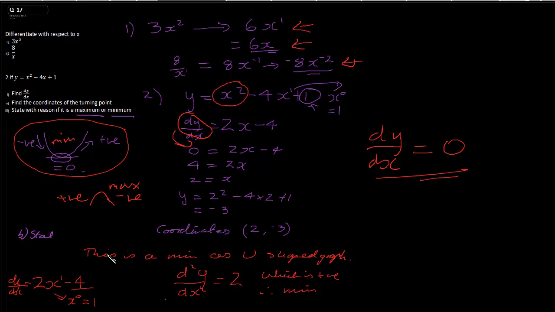And we want to find a reason to say whether it's a min or max. Well, with x squared graphs, if you have an x squared term as positive, then you get a U-shaped graph, and if you have a minus x squared term, we get an N-shaped graph because the x squared dominates the graph. So therefore we can see here that we've got a positive x squared, so you get a U-shaped graph. Alternatively, you can find the second differential.